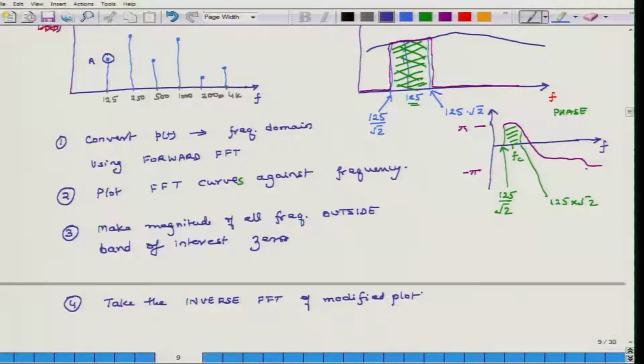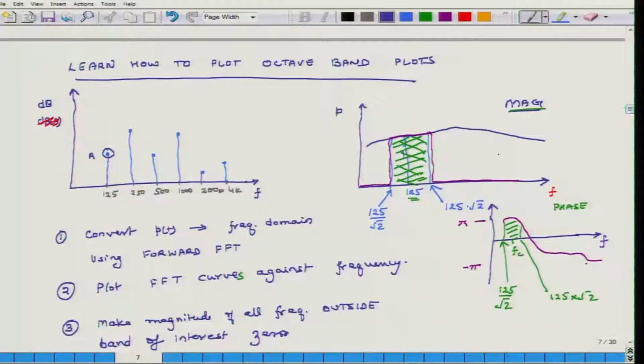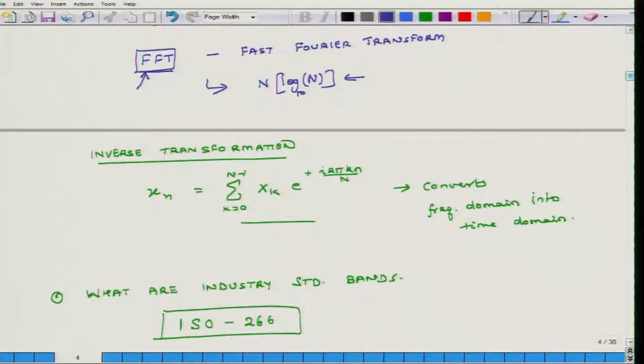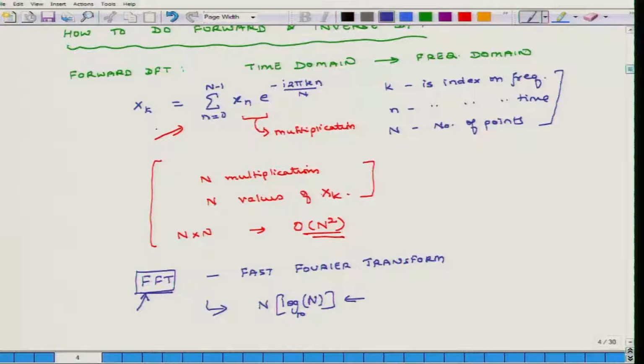So, remember, when we are doing inverse FFT, we will have to use this information, magnitude as well as phase information, to do the inverse. Why? You see it here, Xk. Xk is not necessarily a real number, it has magnitude and phase, right, because it is a complex number. So, I have to use both these plots.